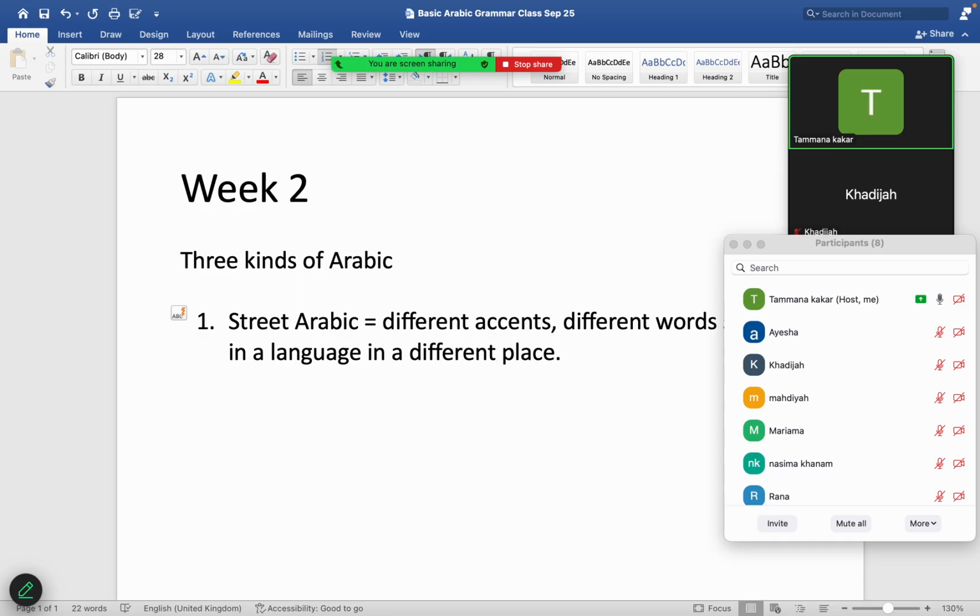So for example, when we talk about English, people in London speak a different kind of English compared to people who are in America, or compared to Australia. So for example, in UK we say petrol, right? In American language, what do they say for petrol? They say gas. Well done.